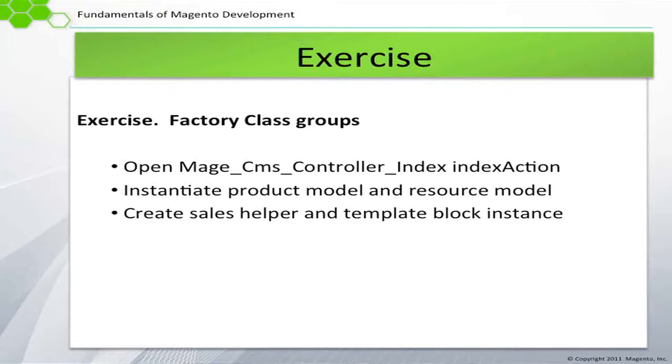All right. So here we are at the end of lesson 6, and we're going to take a second to instantiate the product model, product resource model, sales helper, and the template block instance. Again, not a very practical example, but something that should help those of you who haven't done this before get familiar with working with these factory methods.